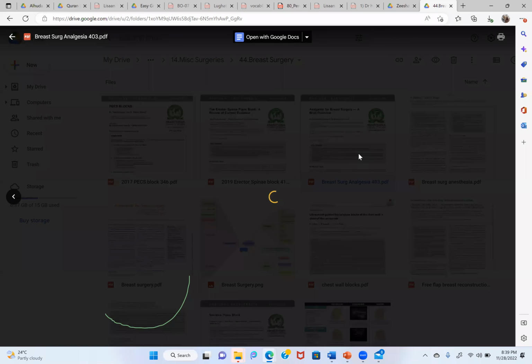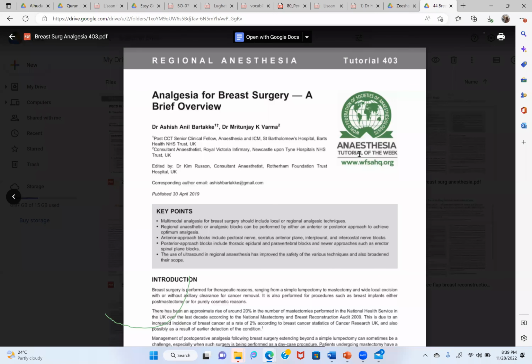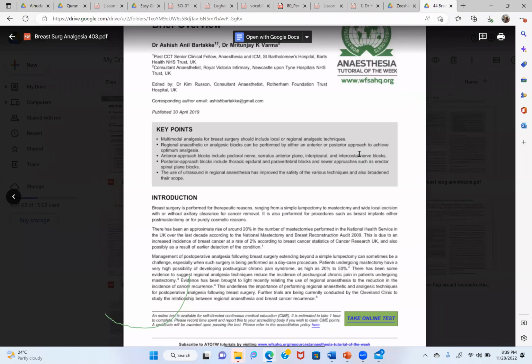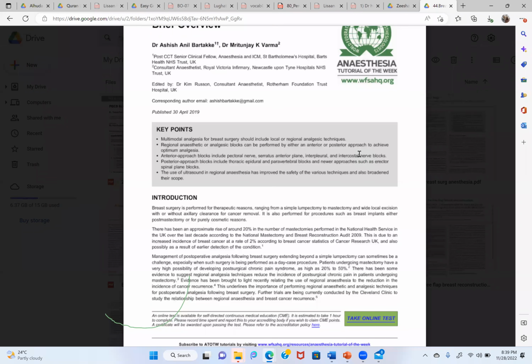As I told you, one of the factors for chronic pain is acute pain that is not well controlled. So you have to be very careful, as this is one of the surgeries notorious for chronic pain, especially after mastectomy. It's a very big psychological trauma.